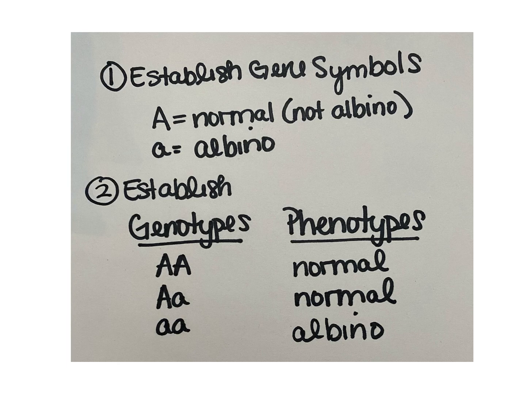Lastly, in this establishing phase, I would establish the phenotypes associated with the genotypes we just mentioned. This is a classic dominant recessive relationship, so homozygous dominant is going to result in a normal phenotype. Heterozygous genotypes will also result in normal phenotypes, and homozygous recessive individuals will result in the albino phenotype.